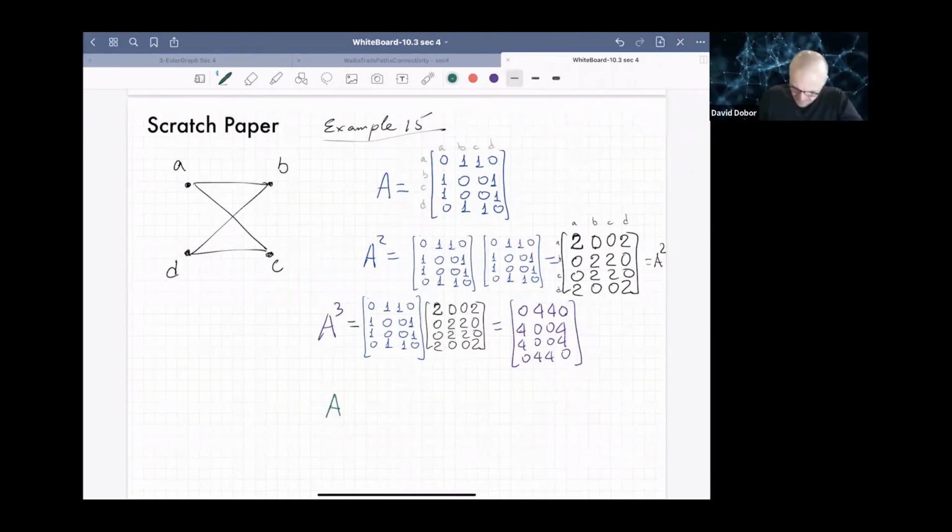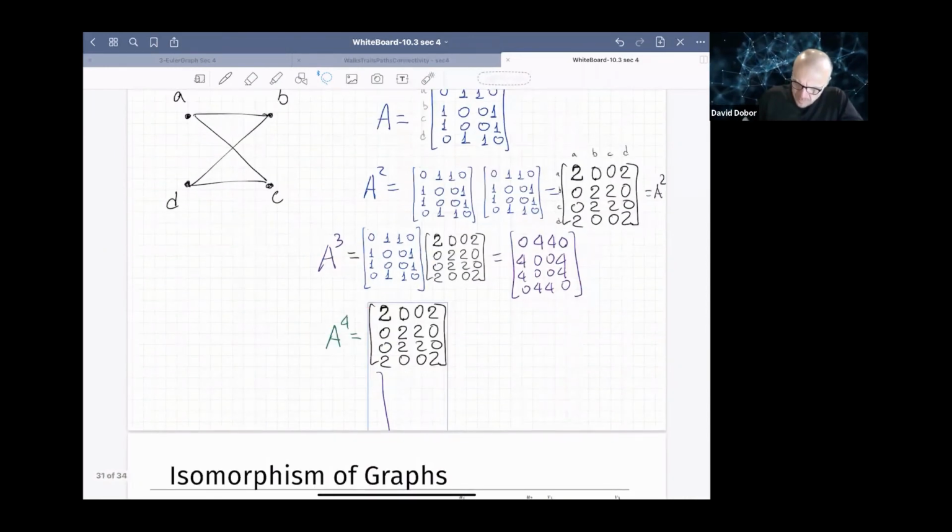To do so, I want to take this matrix and square it. That times that is going to give me A to the 4th.